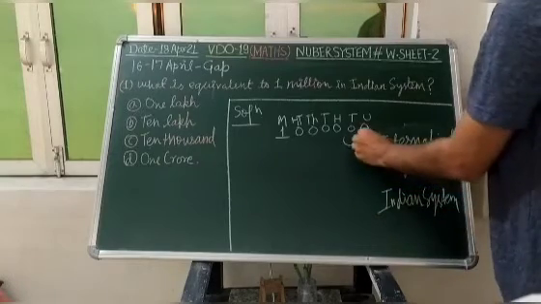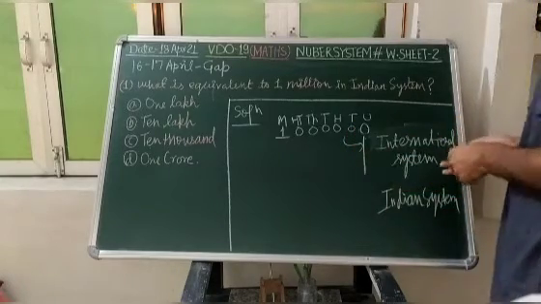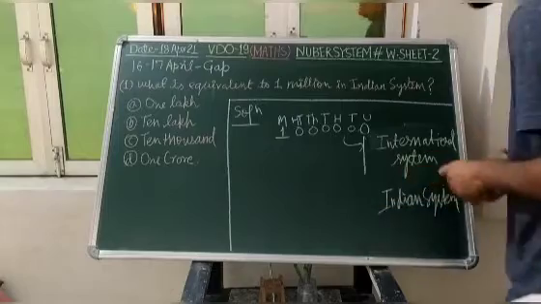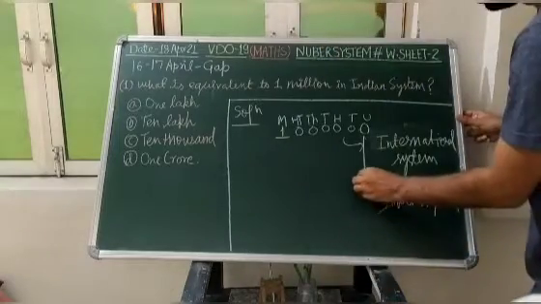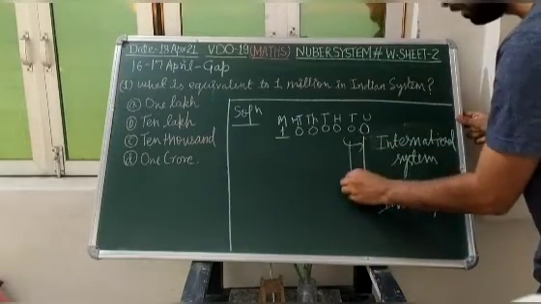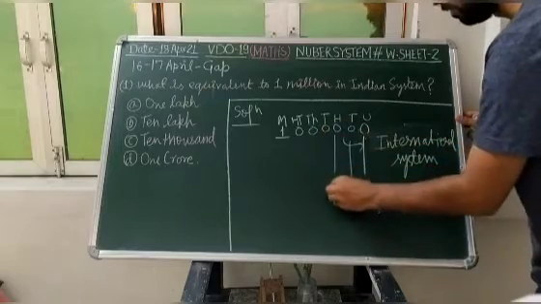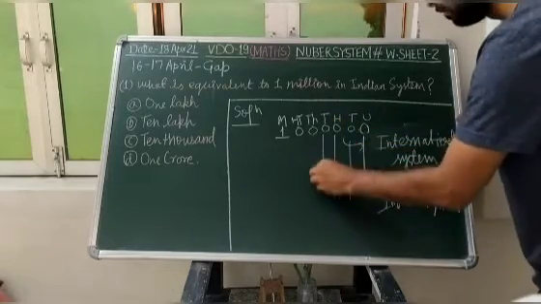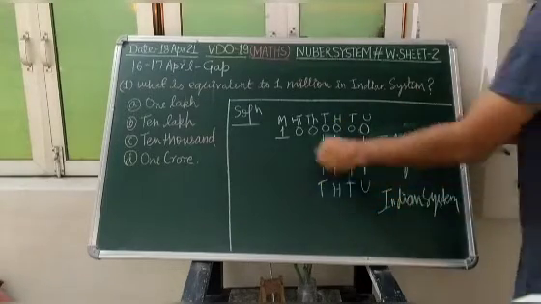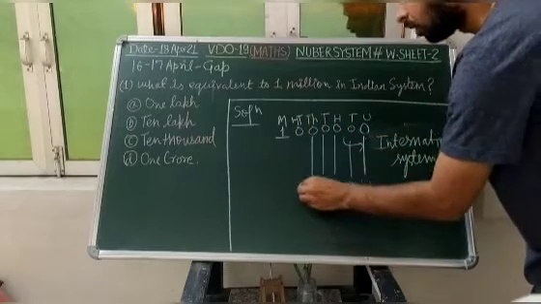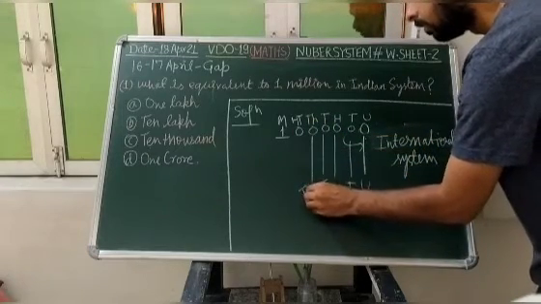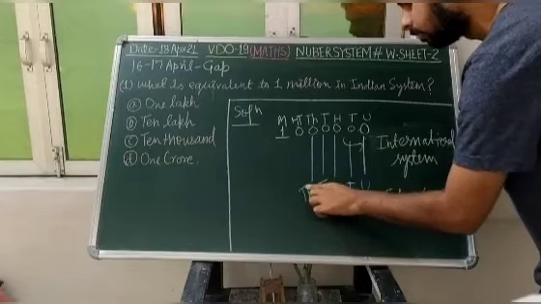So in that, here we will have unit, 10, 100, 1000, 10,000.